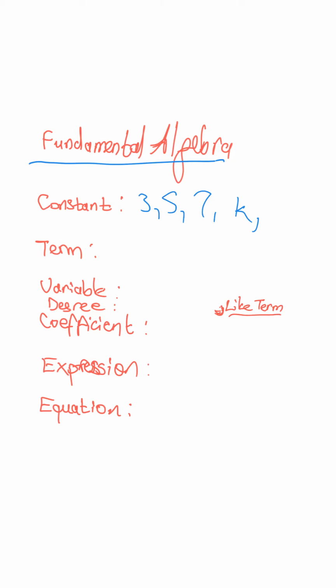Term, basically when you have any algebraic phrase along with it. A term basically goes by any element between two mathematical operations. For example, in this one, this is a term, this is a term, this could be a term.